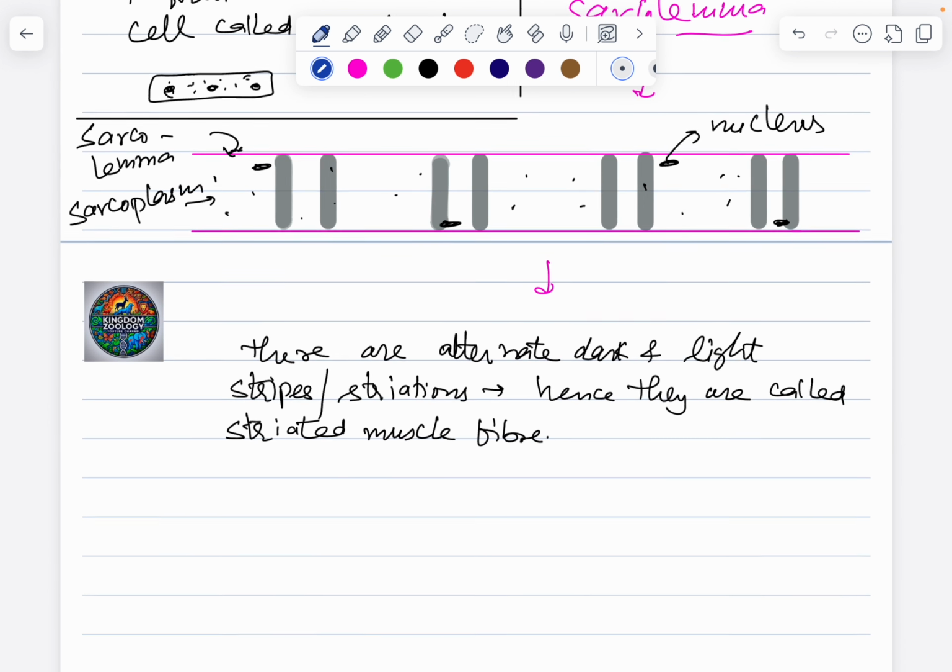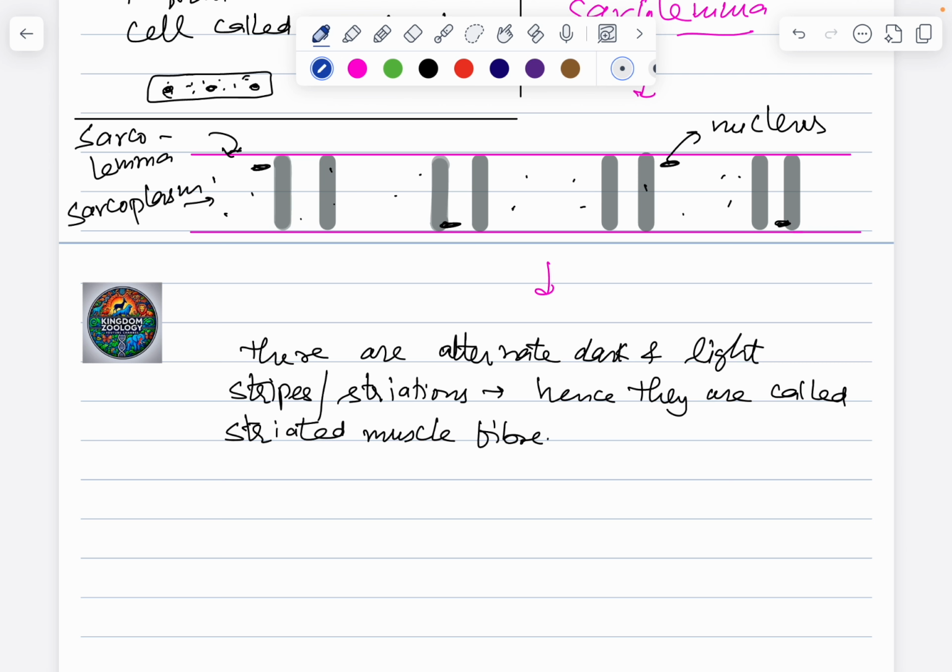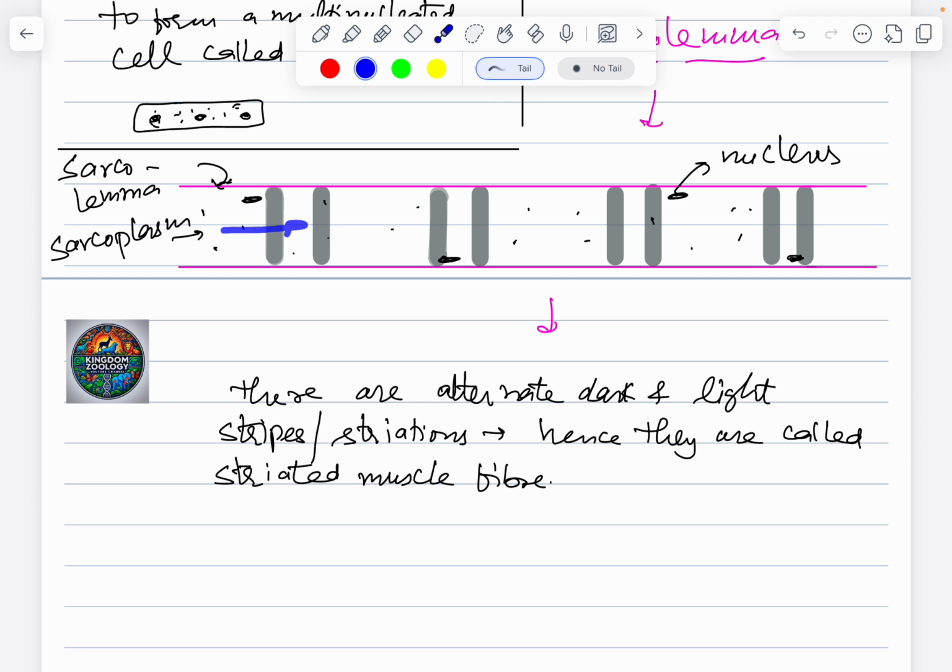To understand that, we have to go deeper inside this cell. Inside this cell means where? Inside the cytoplasm of the cell. You know from biomolecules that the building blocks of the cells are proteins. So what do you think will be present inside the sarcoplasm? Proteins, of course.